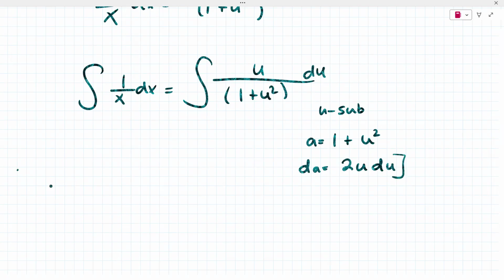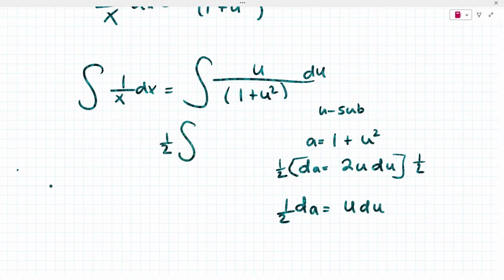We would have to multiply both sides by 1/2. So that's going to be 1/2 dA equals u du. So this simplifies as 1/2 of 1 over a dA.